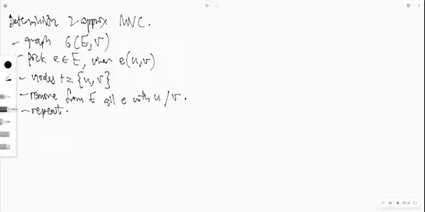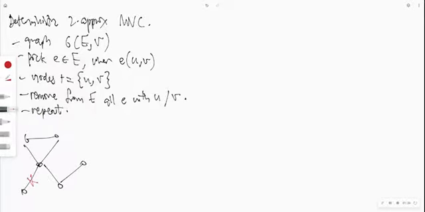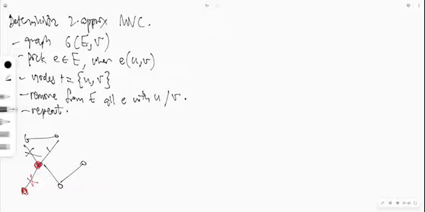Okay, so basically this algorithm is going to randomly pick an edge. So say I pick this edge first, then you add both of these nodes into the minimum vertex cover, and thereby remove all these edges.